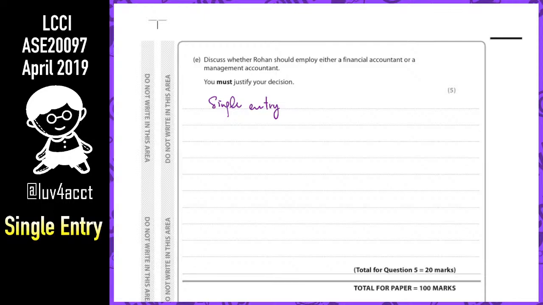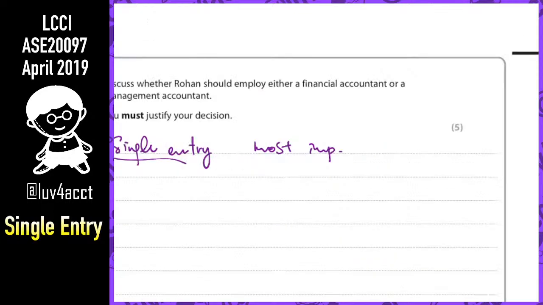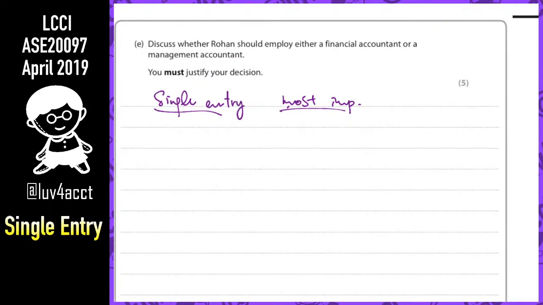So if you hire a management accountant, then that is of no use at all, or limited use. So I would say since Rohan is using single entry, the most urgent thing that Rohan needs is to change to double entry first. Okay, to have full sets of accounting financial records first.